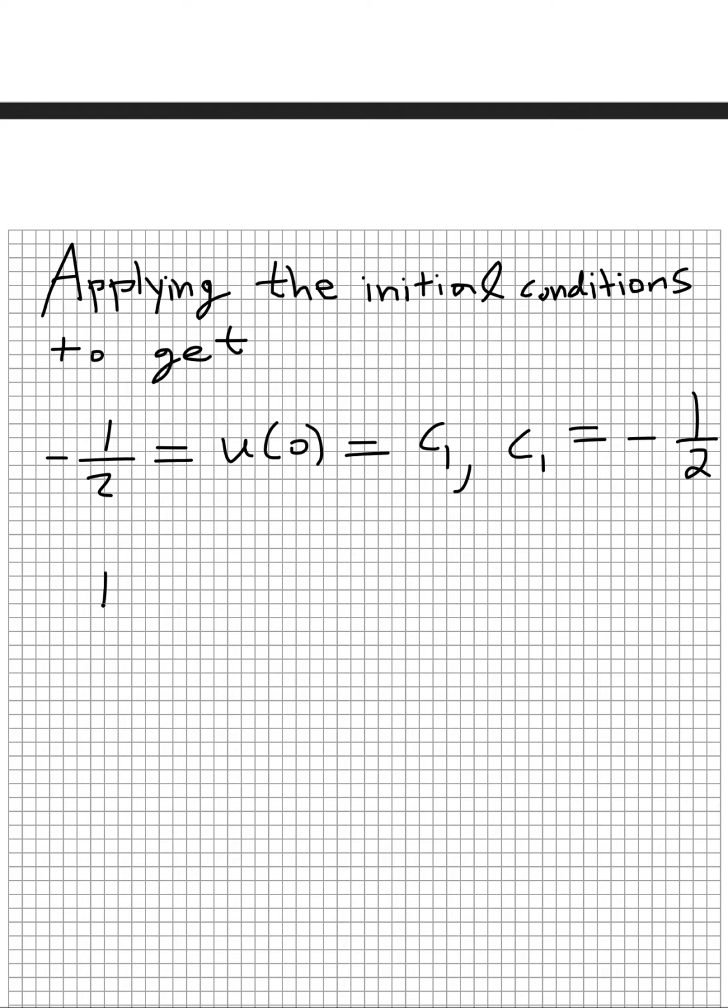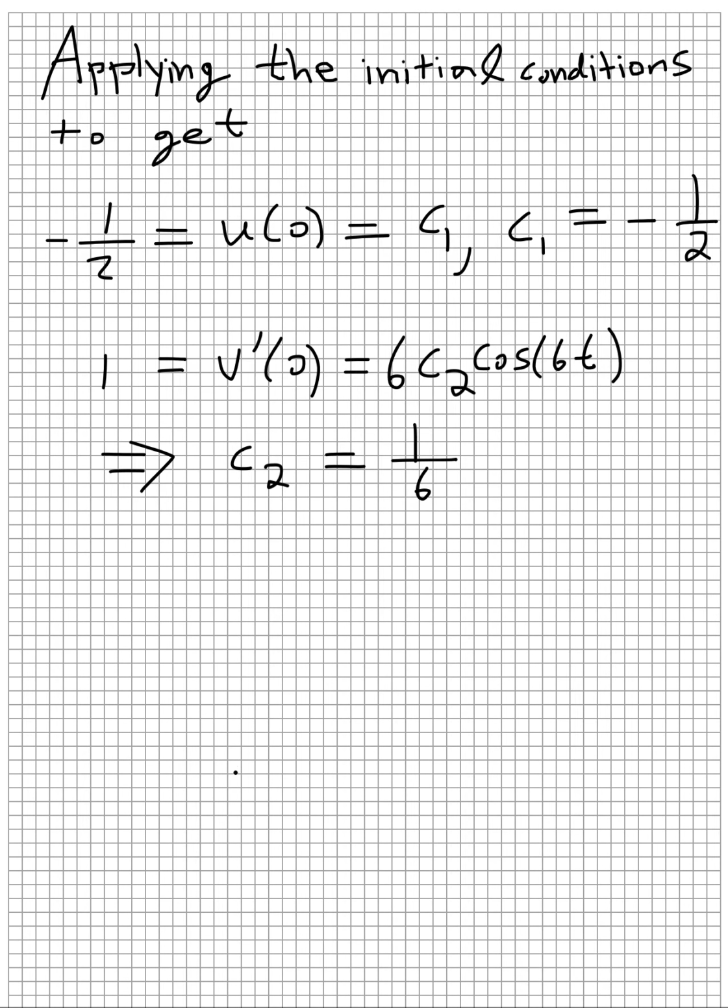And likewise, 1 is going to equal U prime of 0, which then has to equal 6 times C2 times the cosine of 6t. Okay, and so this implies, when everything is said and done, that C2 is going to equal 1 over 6.